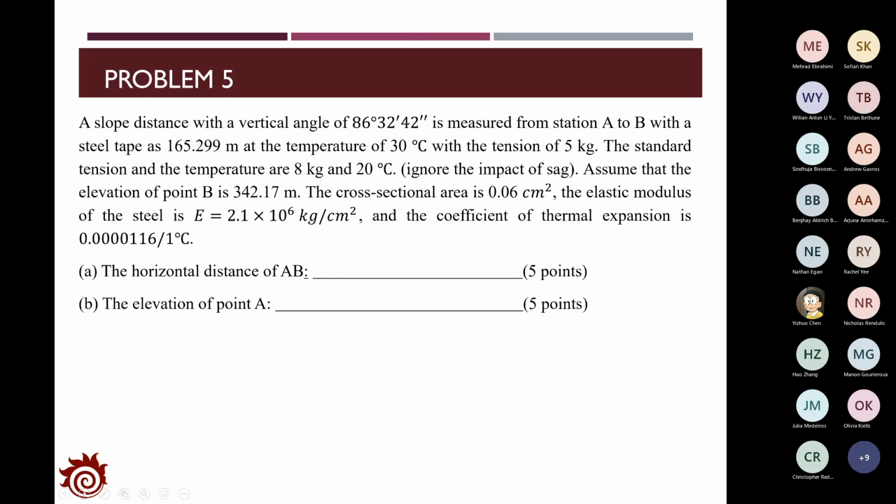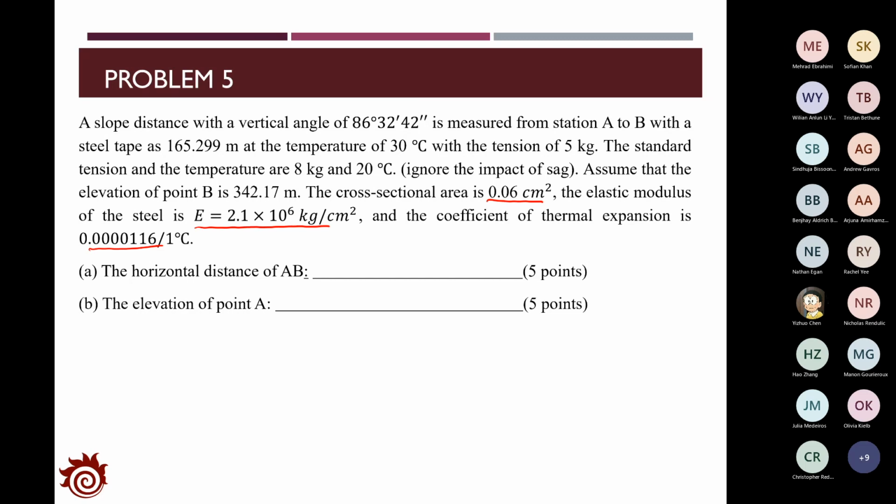So if we are not using the features of the tape, like the cross-sectional area, the modulus of elasticity, or the thermal expansion, it's fine. If we don't apply any corrections and you don't use this value, it's fine. Or if you apply some other values, it's also fine. In the Teams, I just specified that you can use the value from problem 3. But if you don't use them, that should be okay.